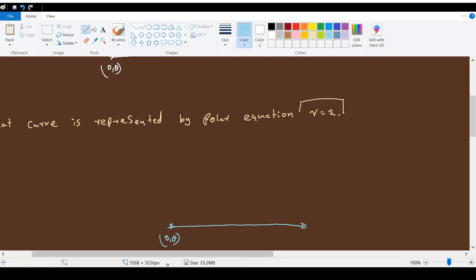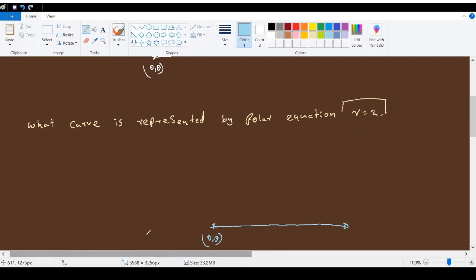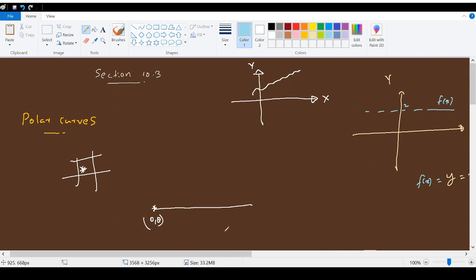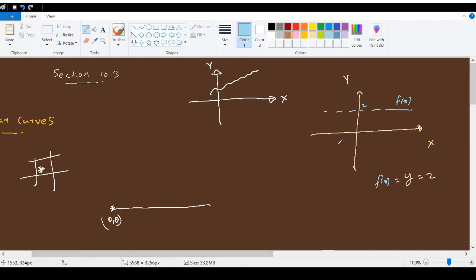Now before plotting it, what do we exactly mean by a plot? A plot represents the relationship. For example, if you go back to the Cartesian system and we are asked to plot this curve, we draw a straight line passing through the origin.